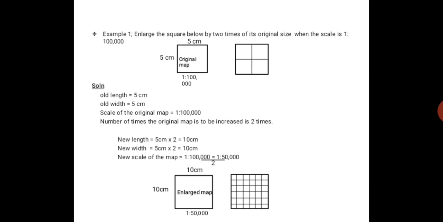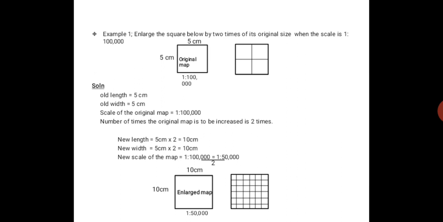Now, if you look on the board there, you will see the old scale, 5 cm width, 5 cm length. The width is the horizontal line and the height is the vertical line.